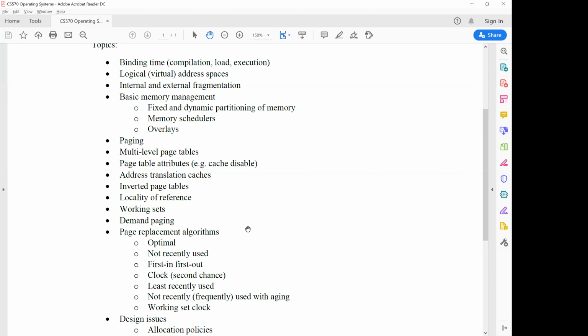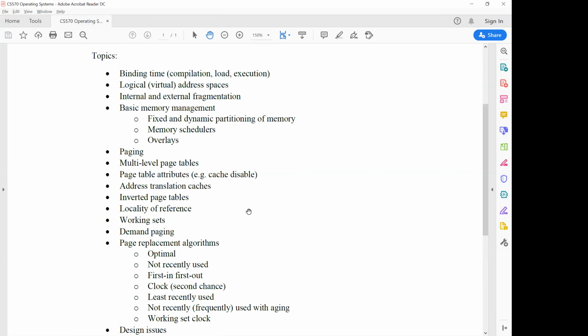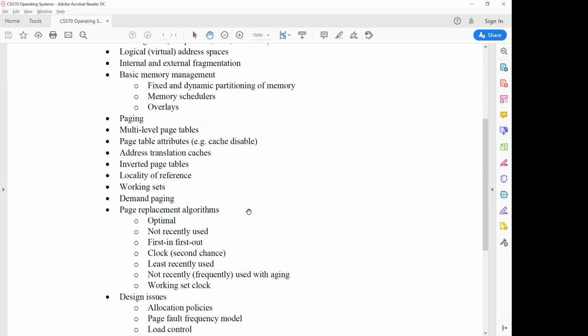You're not supposed to search the internet, but we can't control that. But I'm just saying, searching the slides and the textbook maybe will give you quicker answers.